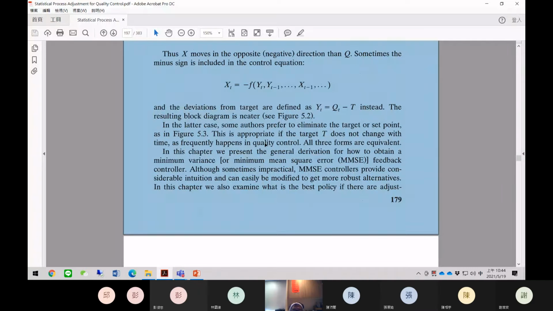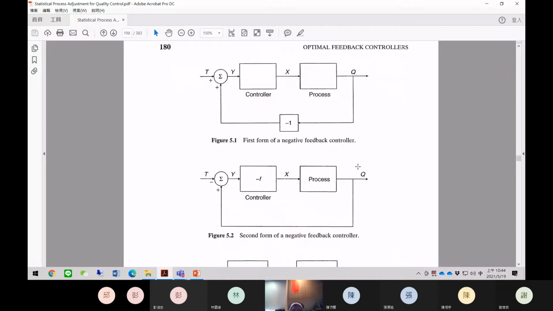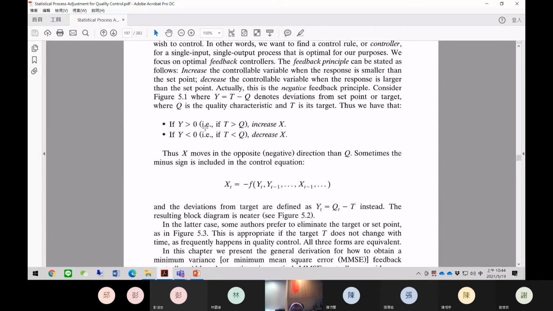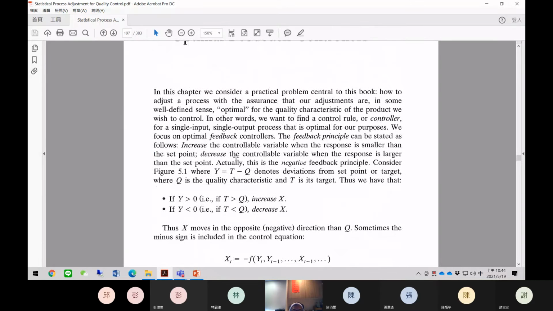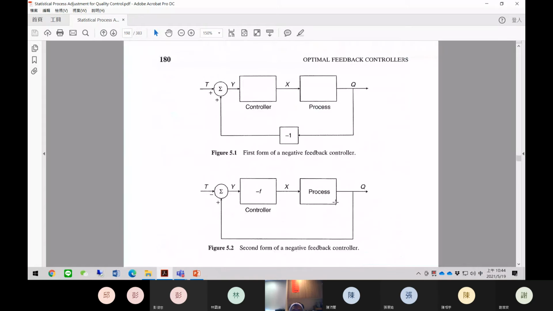So in this case, or the second form, in terms of negative, this one, put the negative. So we put a filter like this, so negative feedback. So this is the negative feedback principle. Based upon this principle, the block diagram can be represented.